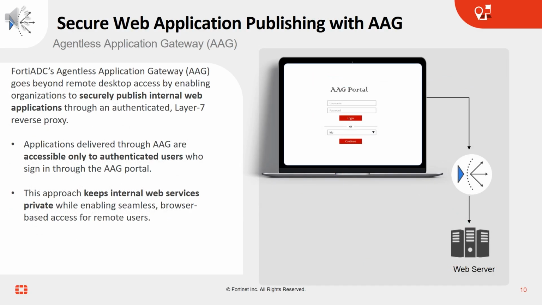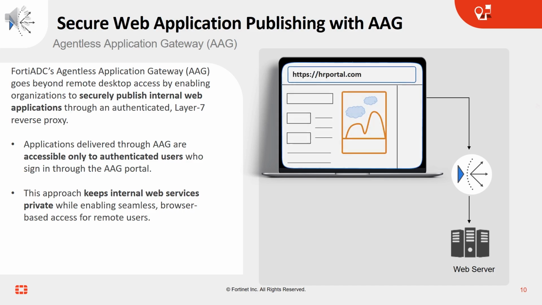FortiADC's AAG goes beyond remote desktop access by enabling organizations to securely publish internal web applications through an authenticated, Layer 7 reverse proxy. Applications delivered through AAG are accessible only after user authentication. Users must log in to the AAG portal and select the web application bookmark to access the application.